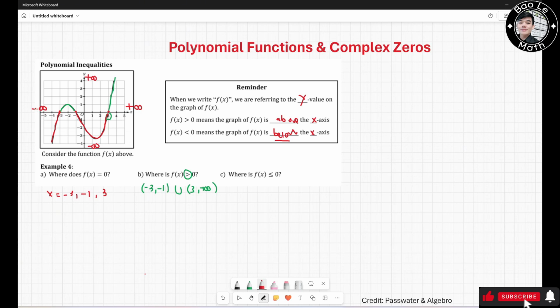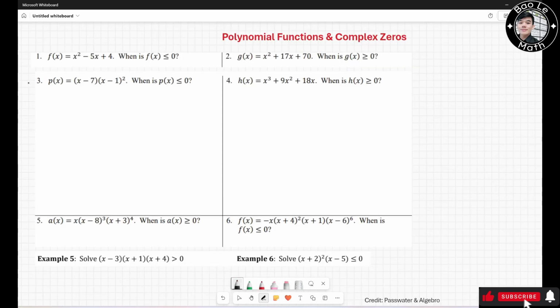It's going to be negative infinity to -3. Because we have the equal sign right here, we must include the zero, so at -3 we change the parentheses into a bracket. So it's going to be like this, union, -1 to 3, right? So it could be -1 to 3.